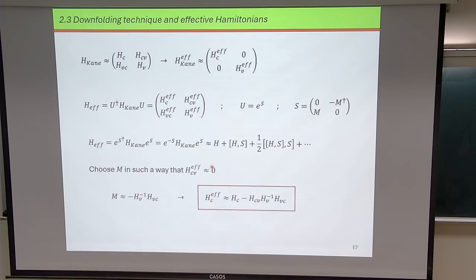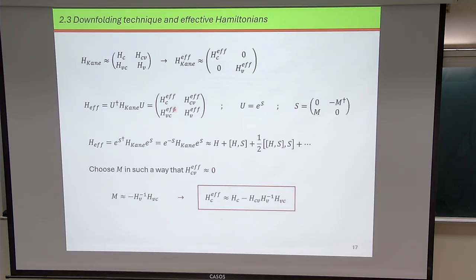Well, I want to decouple these bands so that I can find a small Hamiltonian just for my conduction band electrons. I have two bands. In these two conduction bands, I want to find a Hamiltonian that is 2 by 2 that effectively describes these electron states, without taking care of the others.